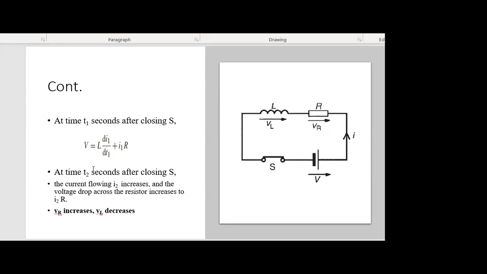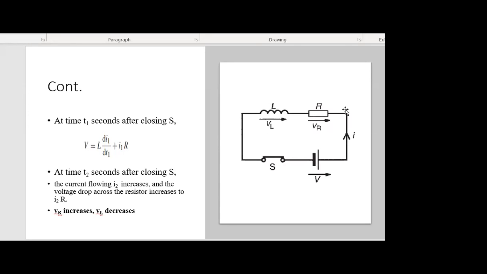Then after a certain time, at time T2, the induced EMF will continue to reduce while the current increases.